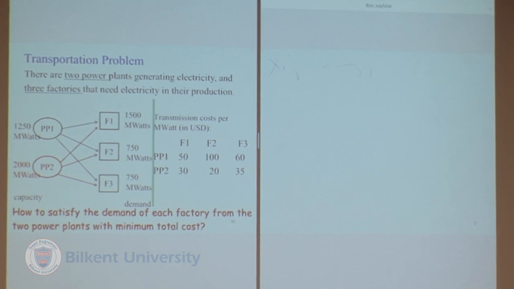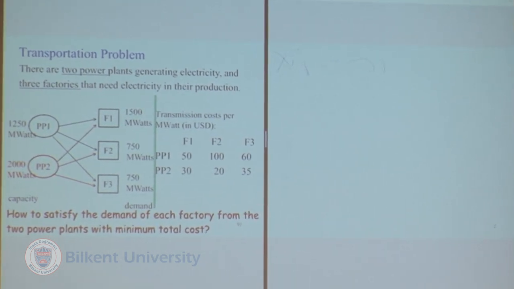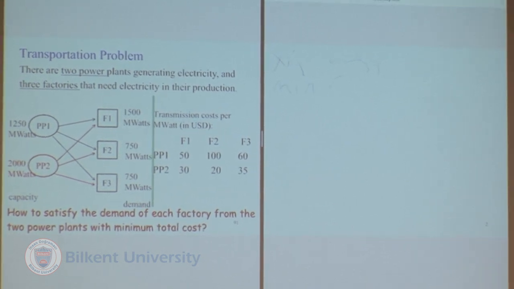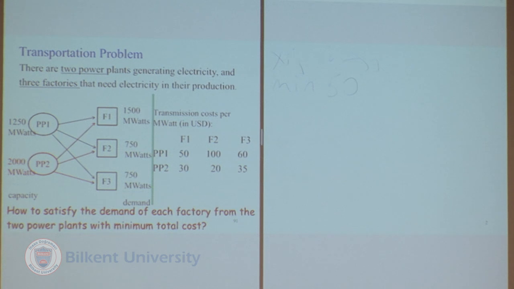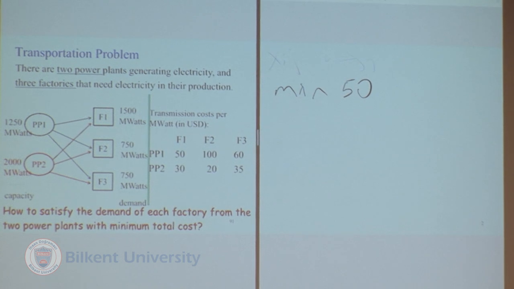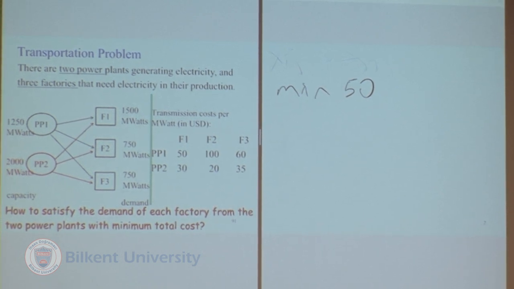Now let's write the formulation. For example, the cost: minimize what? I started, minimize 50. What do I multiply 50 with? What is the variable for that? X? Exactly.